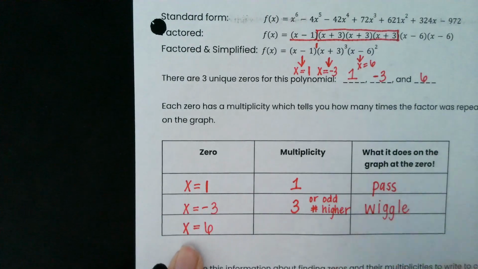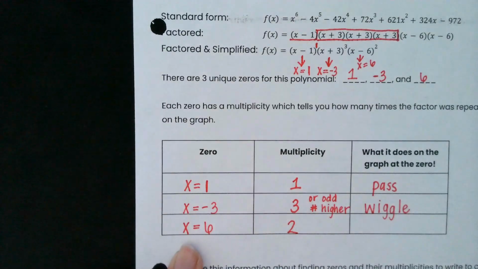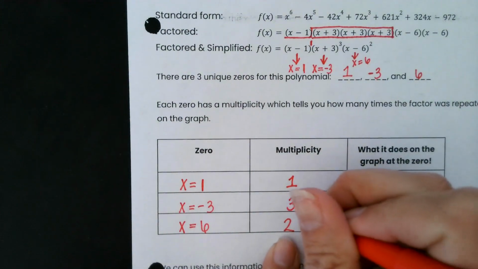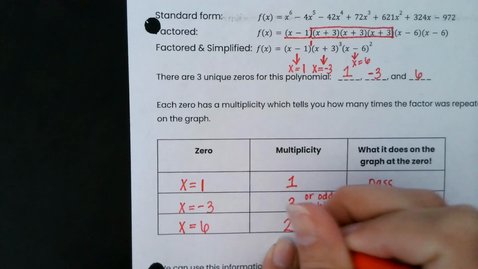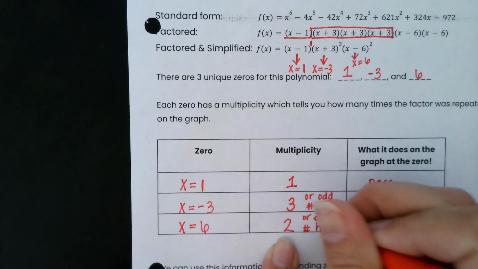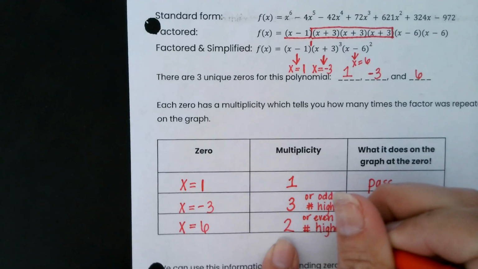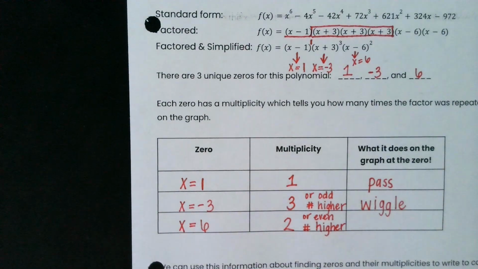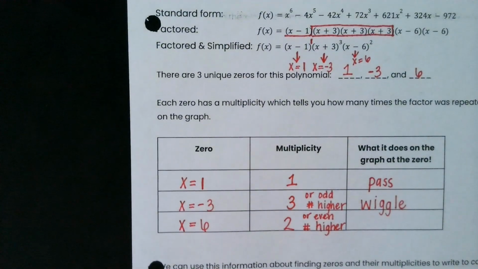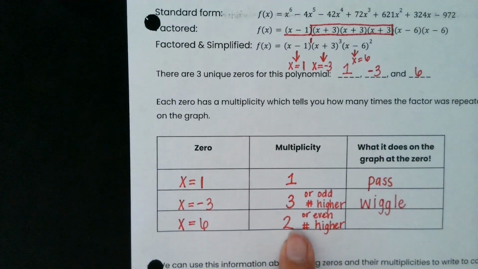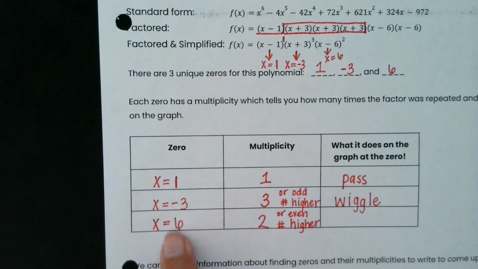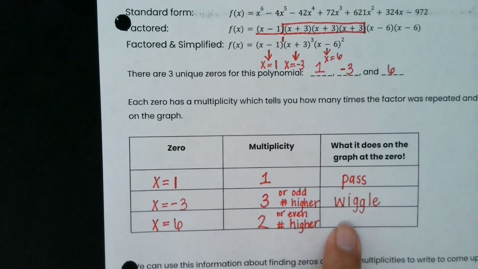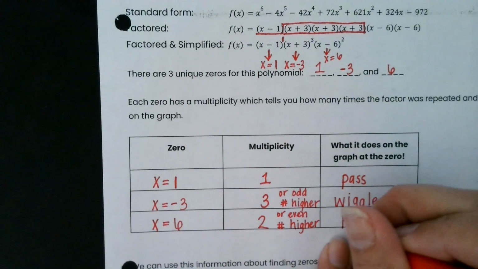If it is 2, or any other even number that's higher, so it could be 4 or 6, then what it will do on the graph at that point is it will bounce. It will bounce.